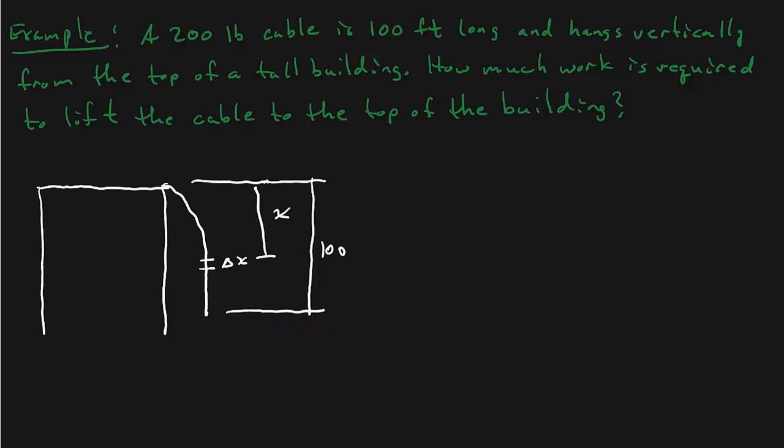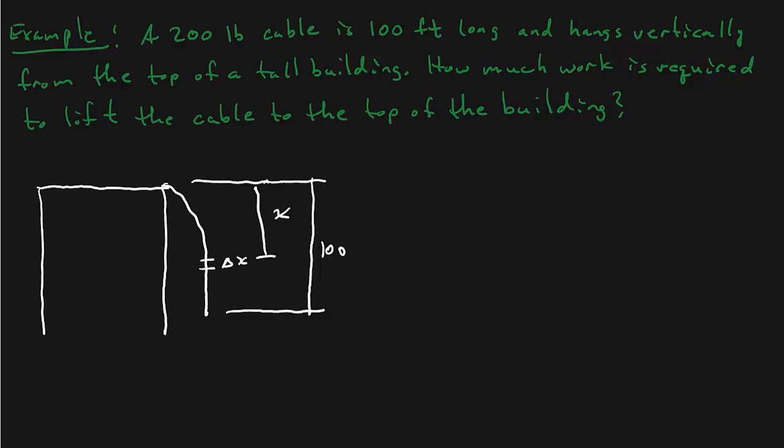All right, so remember, we want to find the work. So let's calculate the work done to just pull up this little piece right here that has a width of delta x. Okay, calculate the work done for that. So remember, work is force times distance, and we're in pounds.